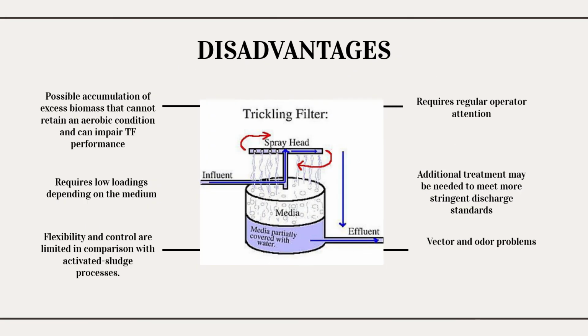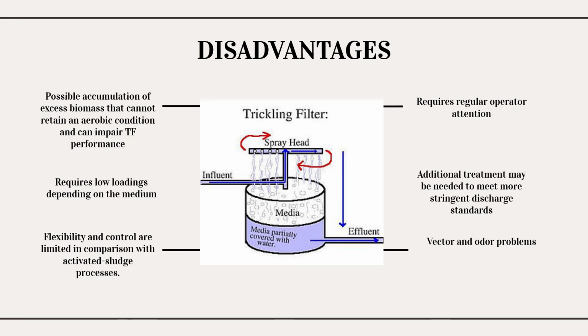So now for the disadvantages of trickling filters. First, it requires regular operator attention, and additional treatment may be needed to meet more stringent discharge standards. It can also cause possible accumulation of excess biomass that cannot retain an aerobic condition and can impair TF performance.